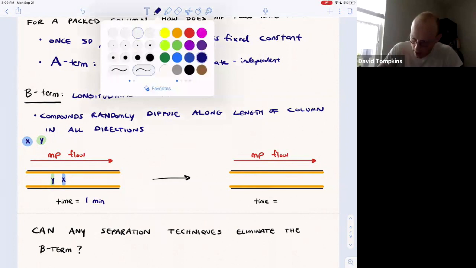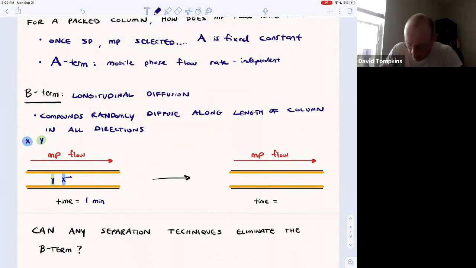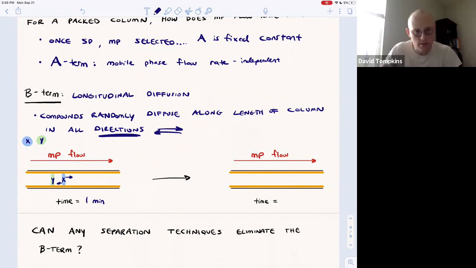So if they're flowing in this direction from injector to detector, molecule X is not just going to flow that way. Some molecule X are going to come backwards and diffuse in all directions. So that's going forwards towards the detector and backwards, which causes the band to broaden over time.